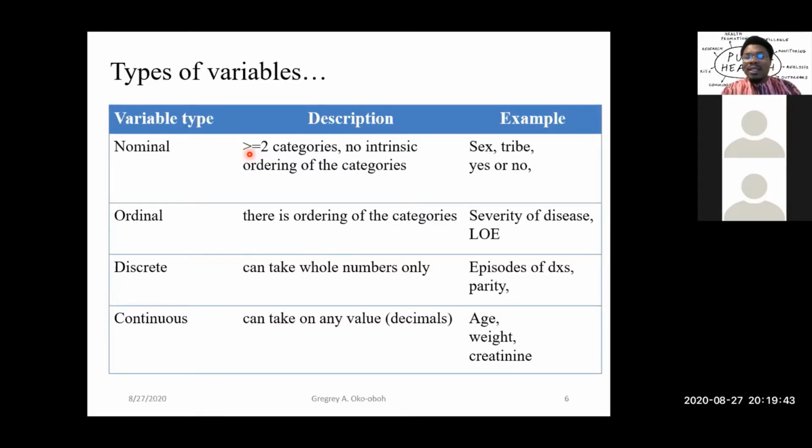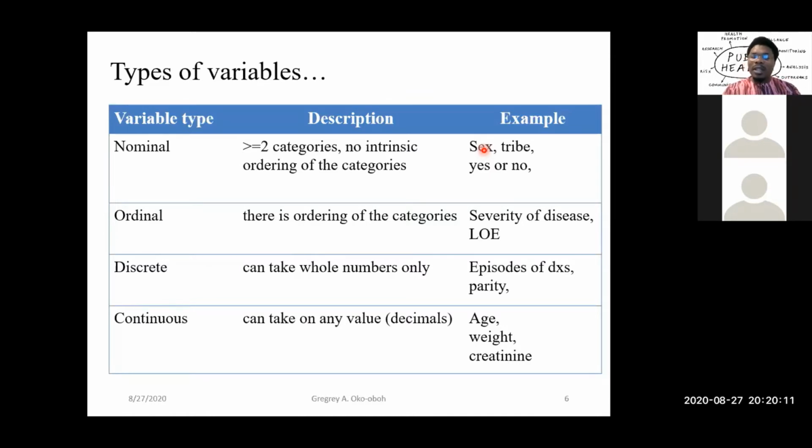And within these categories of the variable, there is no intrinsic ordering of values. You can't say one category is higher than the other. A good example is sex. Sex can be classified into male and female. So you can't say that males are better or more than females. These are just categories of sex, okay?